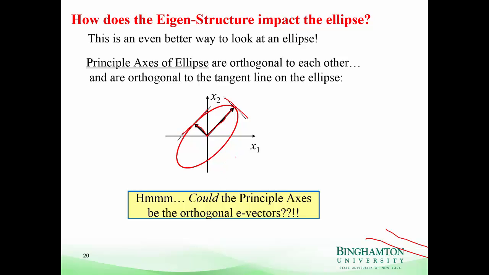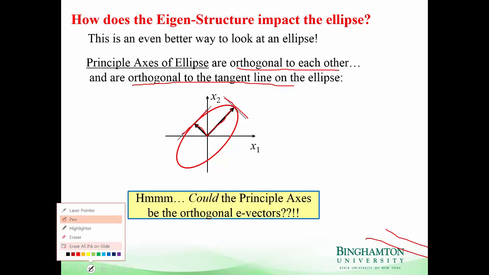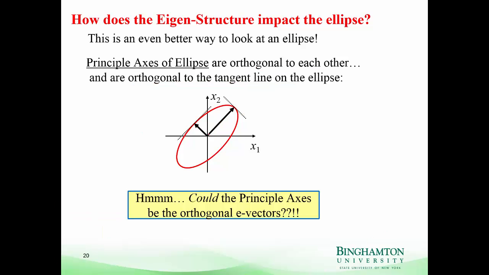I think there are some other terms for that, but that's the name that I know for them, principal axes. And they are orthogonal to each other, and they're orthogonal to the tangent line. Let me illustrate what happens when we pick some other vector. If I pick some other vector and go along the axis here, I go out to this point.